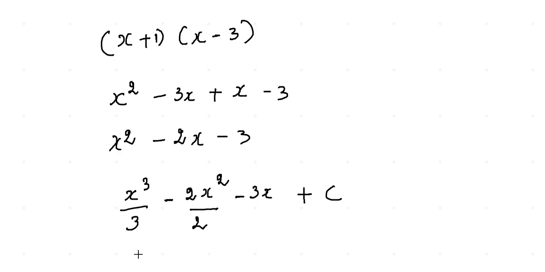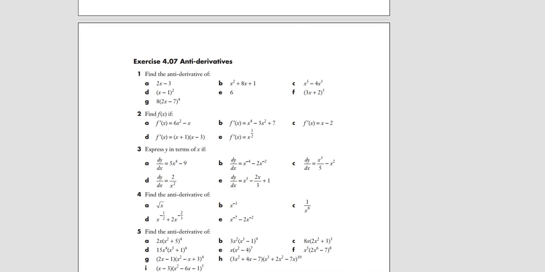And that is equal to x cubed by 3 minus x squared, because 2 and 2 cancel off, and minus 3x plus c, okay? And by the way, this book does contain the answers, so you can take a look at the answers and verify it.